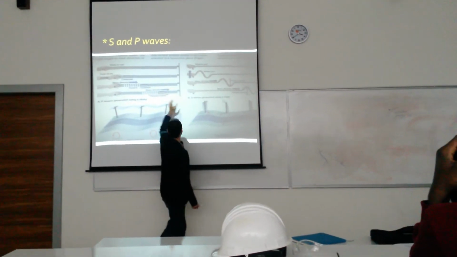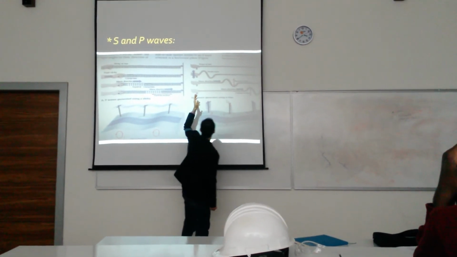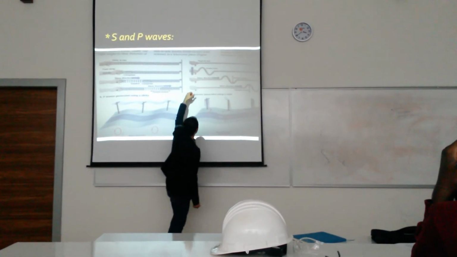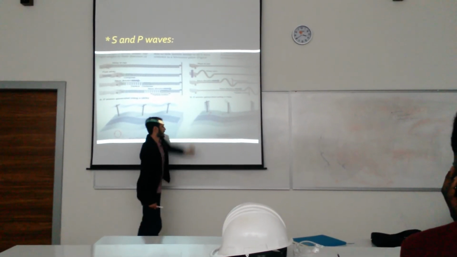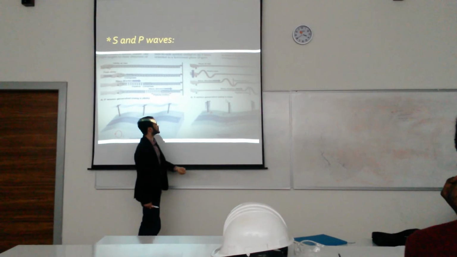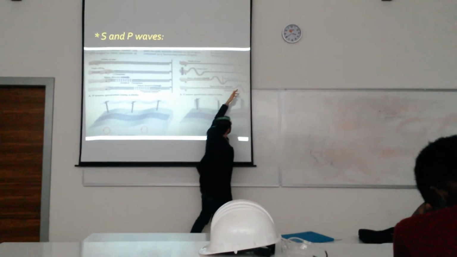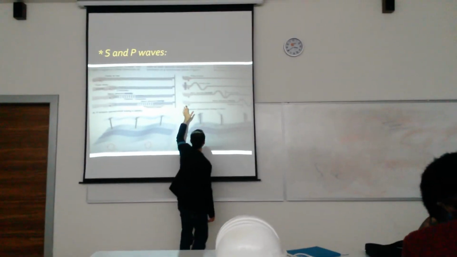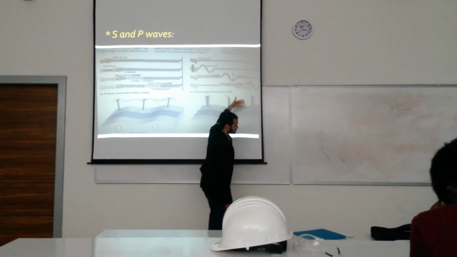Think about this one as my P wave of the earthquakes. And with this rope, if I hold the rope and apply force onto it like this, it will go from A to B, again from A to B, but with a jumping motion.